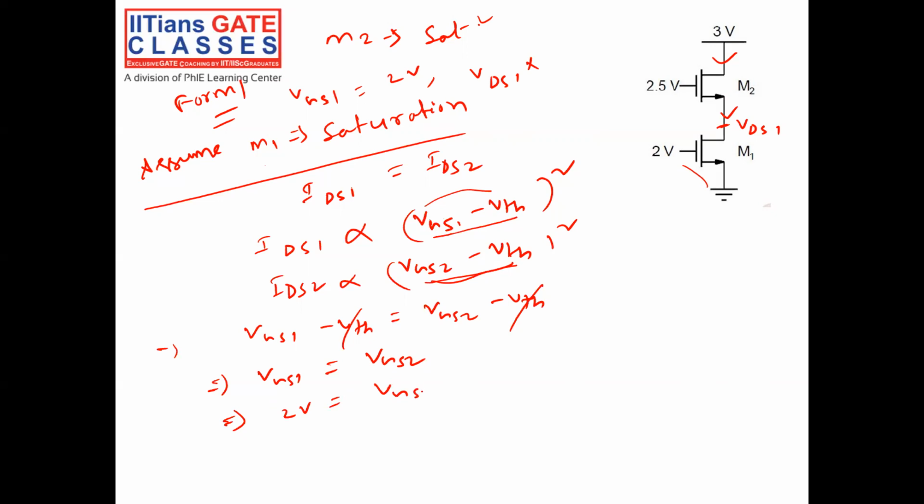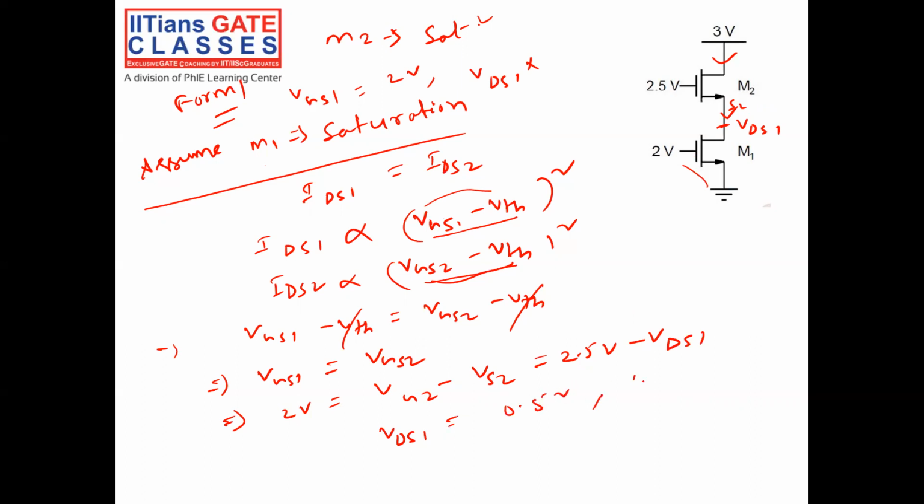VGS2 is VG2 minus VS2. What is VG2? VG2 is nothing but 2.5 volt, minus VS2. Source 2 is drain 1, which is VDS1, because S2 is nothing but drain 1. So I can say VDS1 is equal to VS2. So what is VDS1? VDS1 is equal to 2.5 minus 2 volt, which is 0.5 volt.